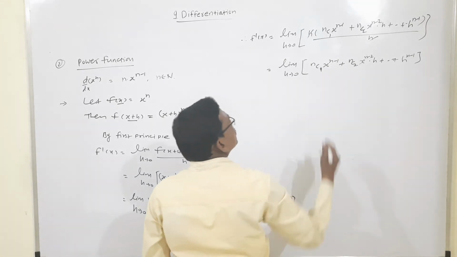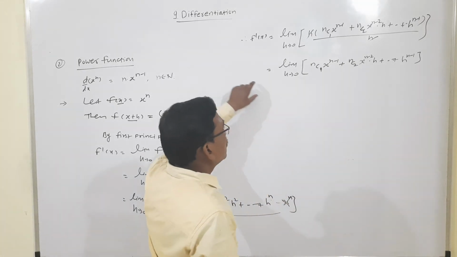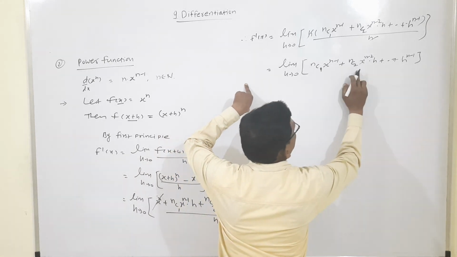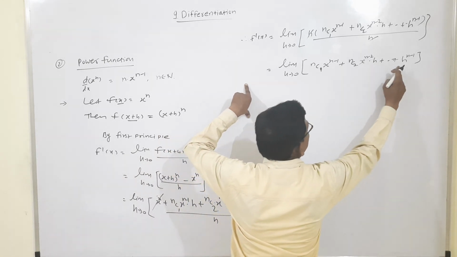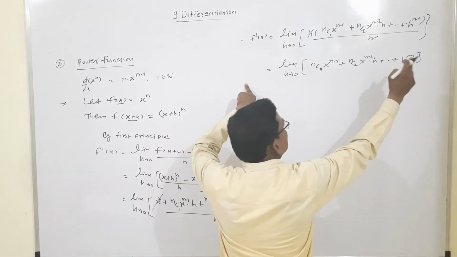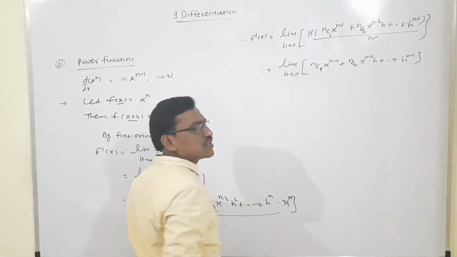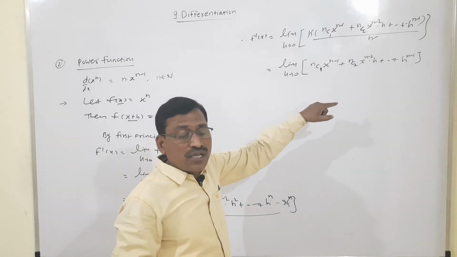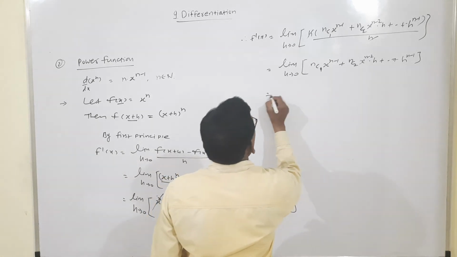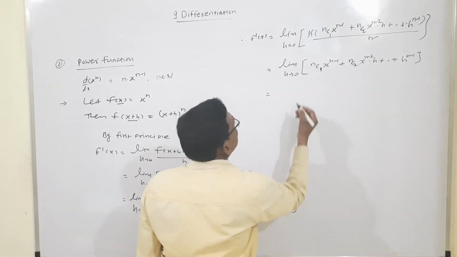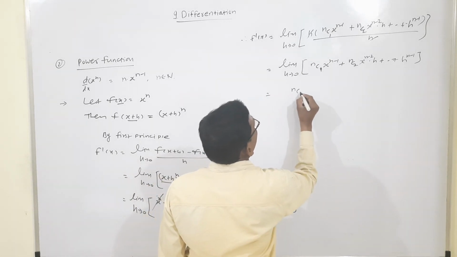Now we apply the limit to each and every term. The second term becomes 0 because h is there, and the last term is also 0, but the first term is never 0 because h is absent there.